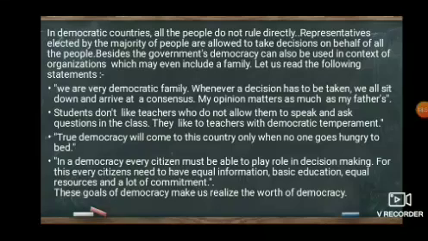Let us discuss the following statements. First point, we are a very democratic family. Whenever a decision has to be taken, we all sit together and arrive at a consensus. My opinion matters as much as my father's.